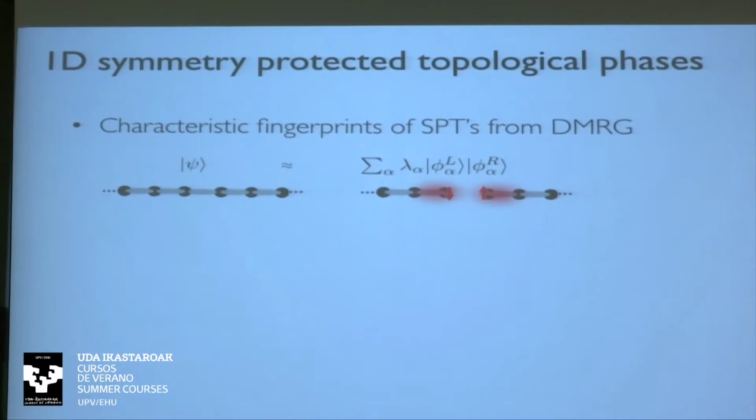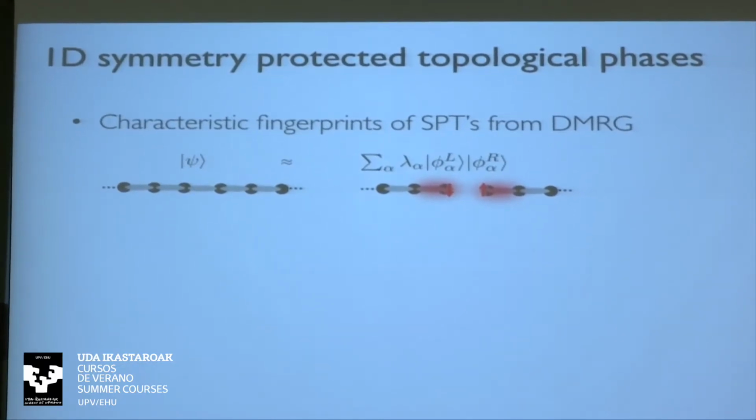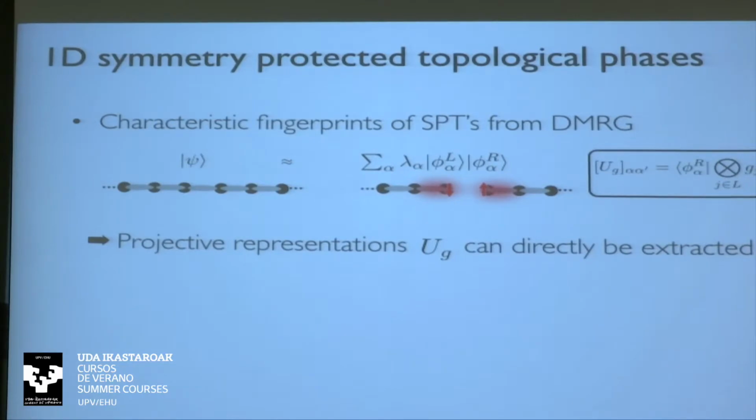So we don't have any physical edges in the system, but we can perform a Schmidt decomposition of the state by cutting it at a given bond, giving us these Schmidt states, alpha left and alpha right, exactly like what we did before for motivating our MPS approach. This gives us access to some sort of virtual edges in the system, and these are good enough to extract these projective representations.